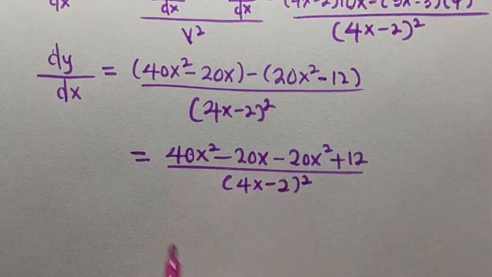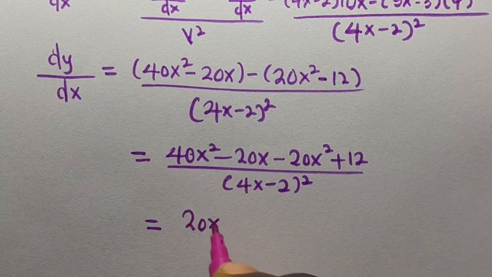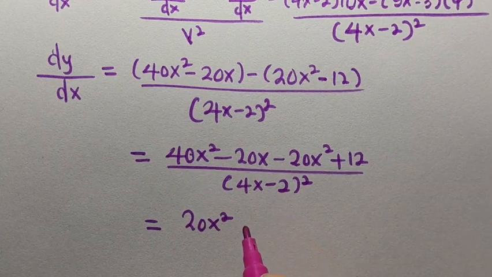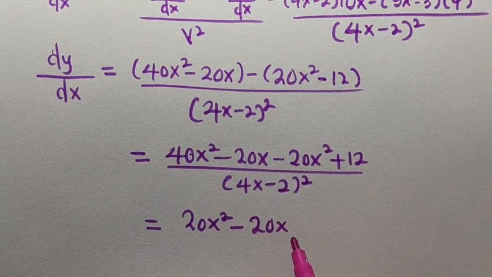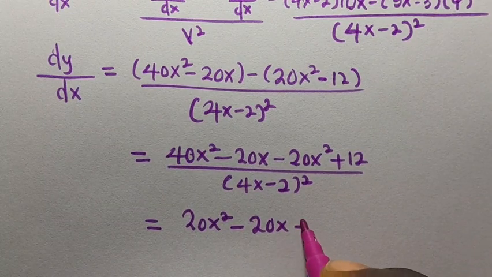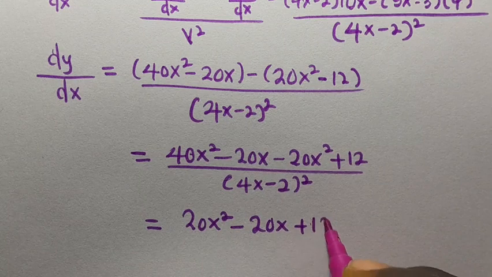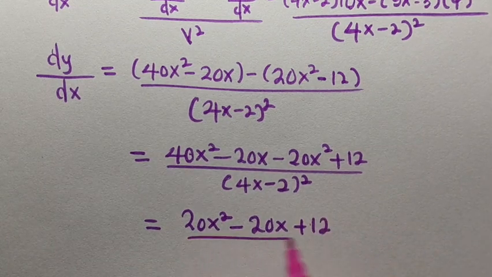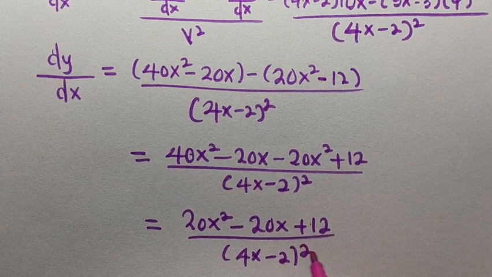So this minus this will be 20x squared minus 20x plus 12 all divided by (4x minus 2) all square.